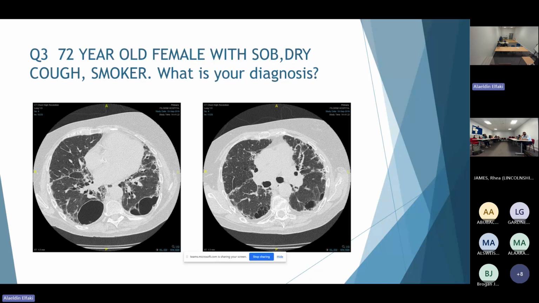I can't see exactly emphysema, but they are cysts, right? They are pulmonary cysts. In addition to fibrotic changes, there is some honeycombing and traction bronchiectasis. So cysts with lung fibrosis.